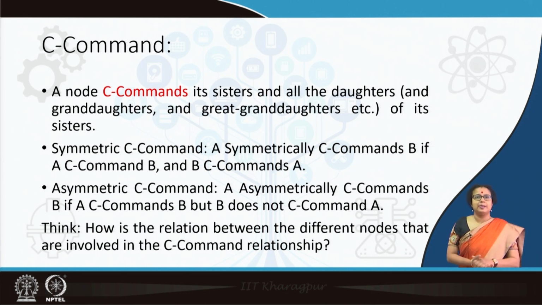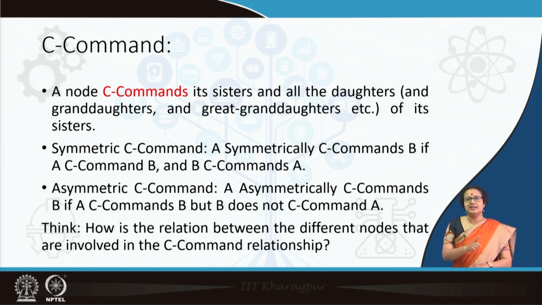So, this is a symmetric C command. And then there is another definition of asymmetric C command. What is it? A asymmetrically C commands B if A C commands B, but B does not C command A. So, you think about a sister's daughter or sister's granddaughter, you can think about the relationship of an asymmetric C command.